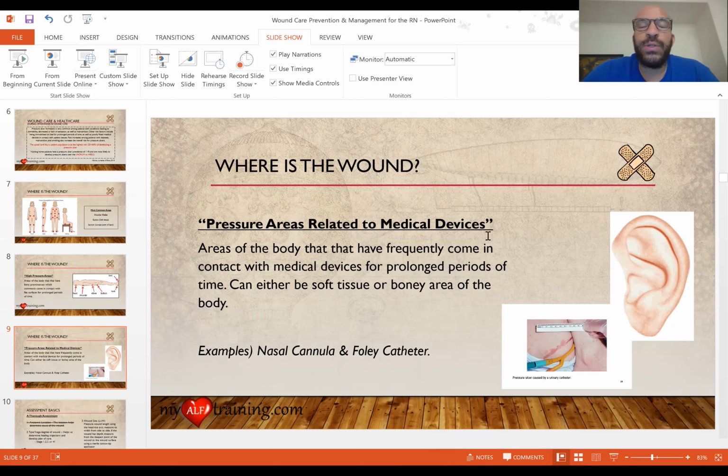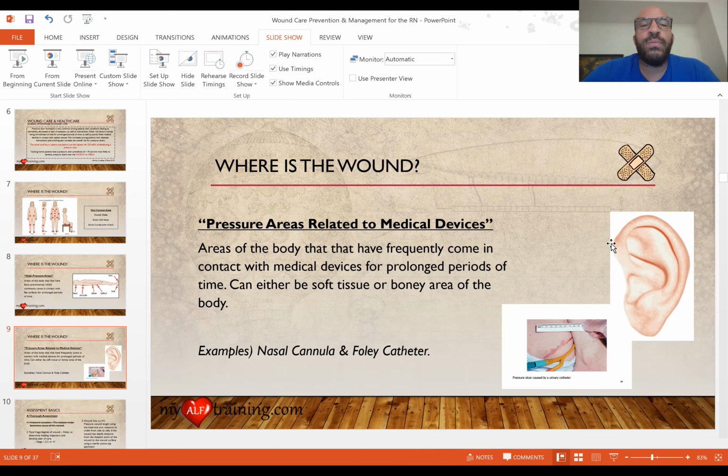We want to make sure that we use something of a barrier in between them, or we're rotating the Foley catheter from the right leg to the left leg. We're using some type of cotton or cloth wrapped around the nasal cannula that goes behind the ear.